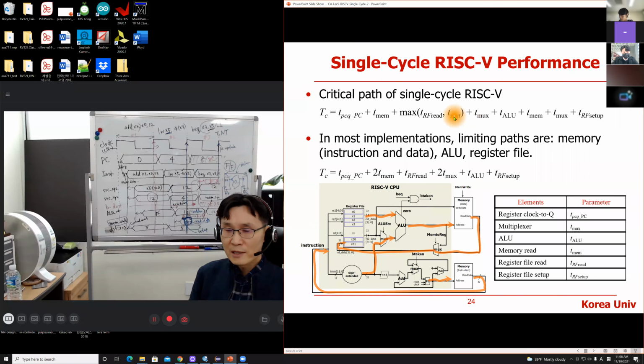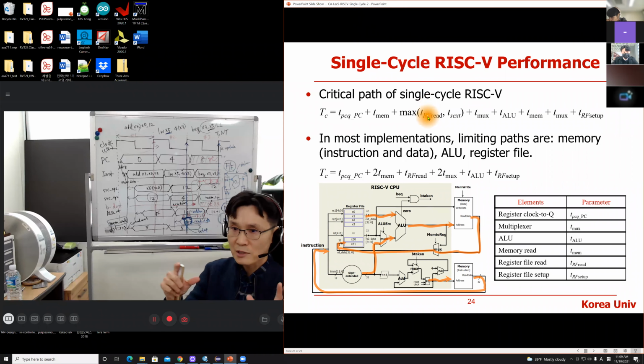So if you simplify this, we have two memory accesses, two TMEM, and two TMUX for the MUX. Then you have to select either of these two. We select the register file delay because it is huge digital logic, so that will incur more delay than sign extension.